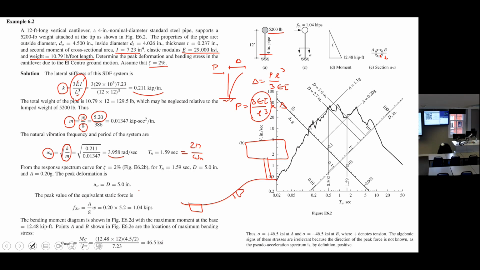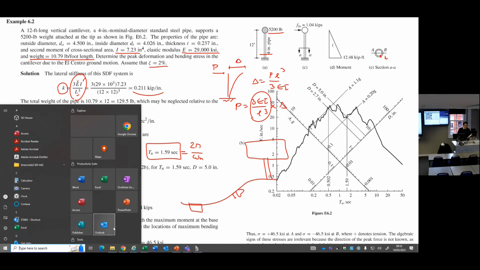Tn is in terms of seconds. So for this example, Tn is 1.59 seconds. When you come up to this point, stop there and let's memorize 1.59 seconds. This is your natural period.